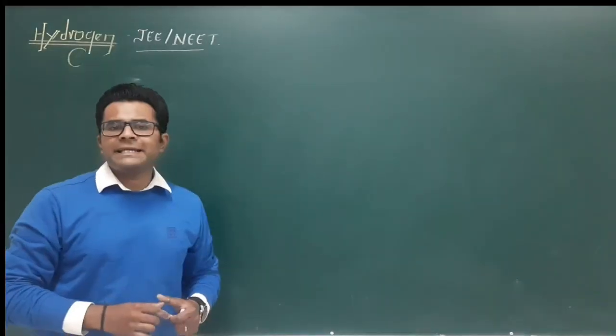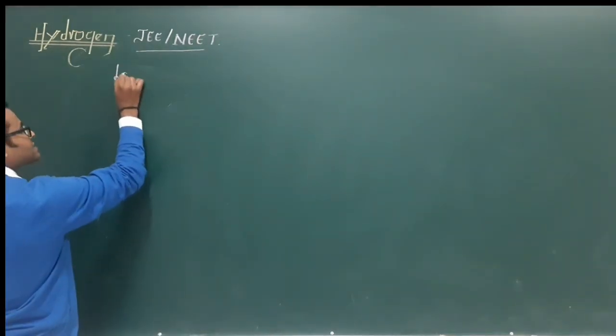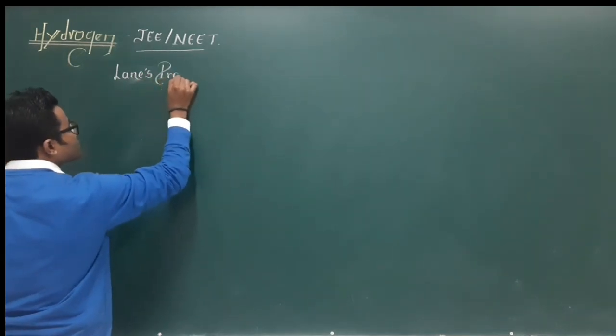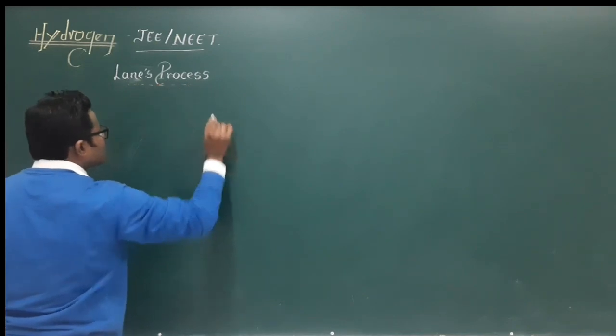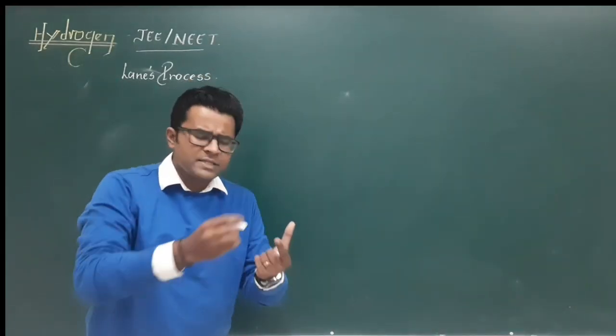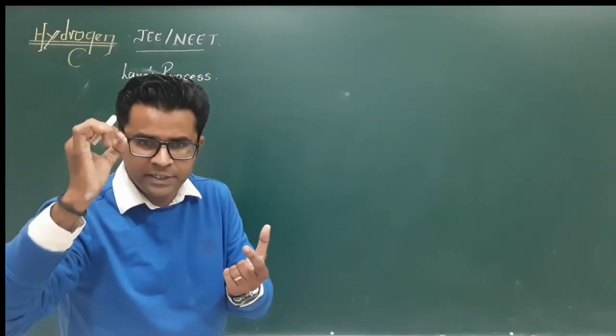Coming forward with the next one, that is called Lane's process. In Lane's process, we take spongy iron. That means the iron has a large number of small pores in it.